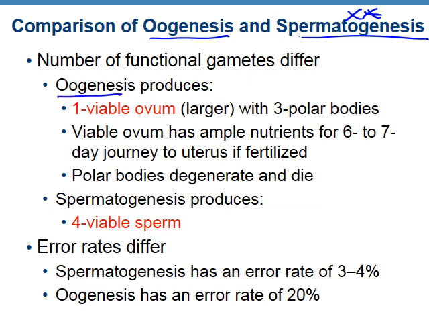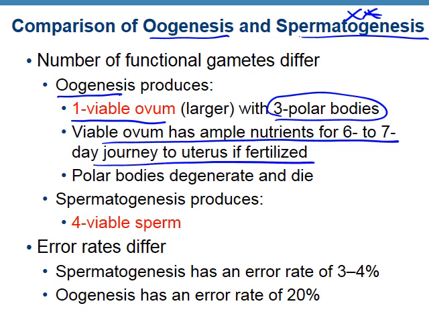But with oogenesis, you only have one viable ovum. You don't always have 3 polar bodies, but you could. So one viable ovum, and it gives nutrients because it takes 6 to 7 days for that ovum, if it's fertilized, to reach the uterus. So it needs food for its journey. The polar bodies are going to degenerate and die.